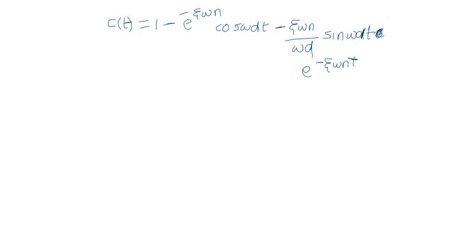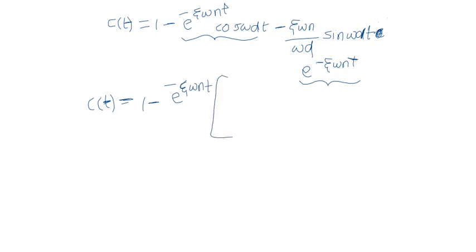In this term we are having e power minus zeta omega n t, and in the third term also we are having e power minus zeta omega n t. So I am taking the e power minus zeta omega n t term common. It becomes 1 minus e power minus zeta omega n t.